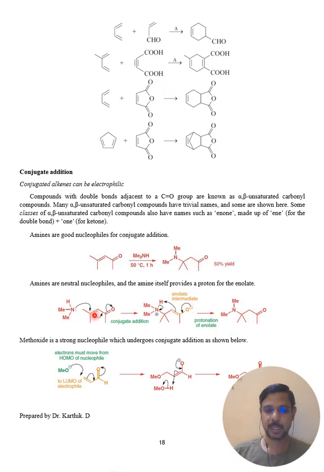You can see here the dimethylamine added on the beta position of the alpha, beta unsaturated carbonyl compound. Through the resonance structure the anion is stabilized, and while regenerating the carbonyl group from the enolate anion, it abstracts the proton and forms the reduced product. Okay, as you can see here. That's all about the addition reactions.